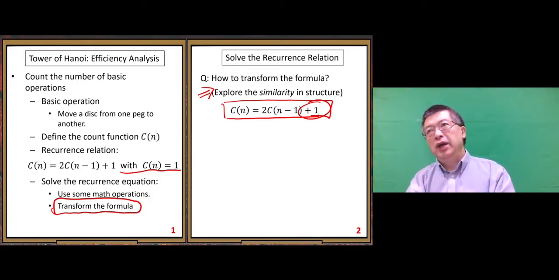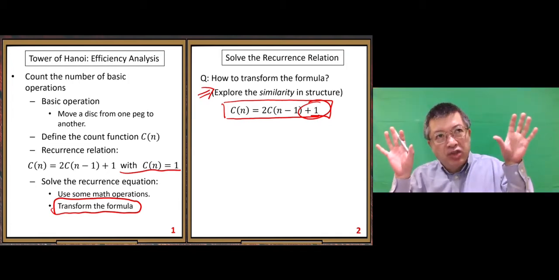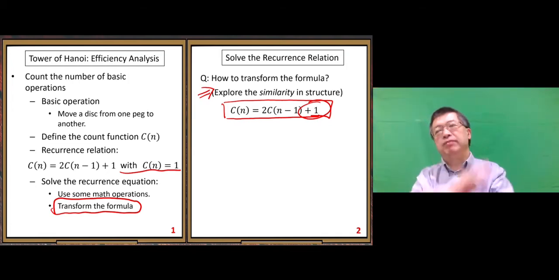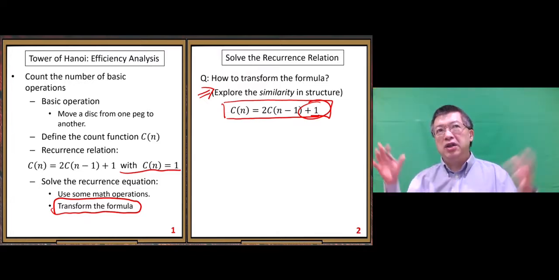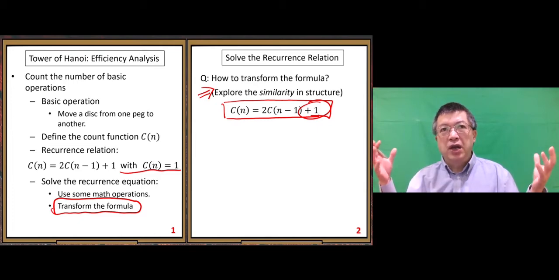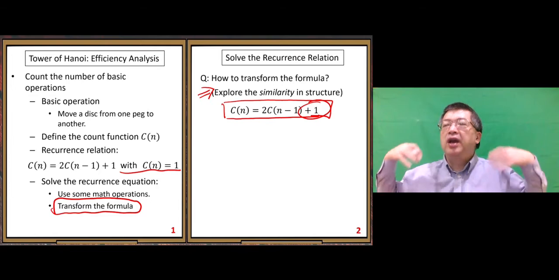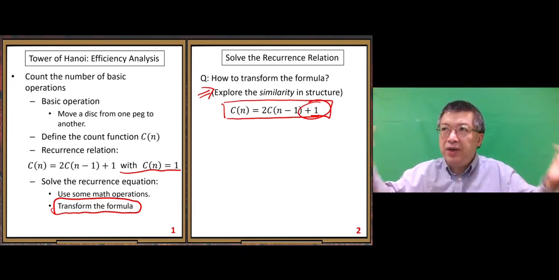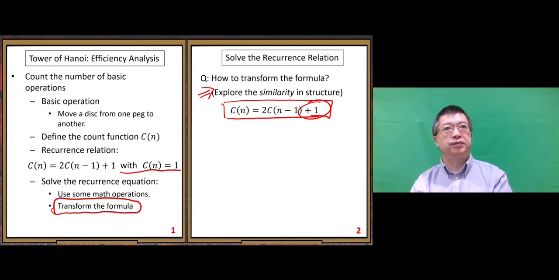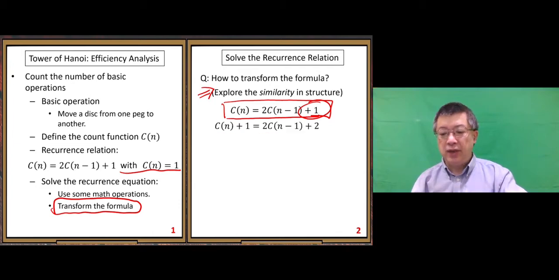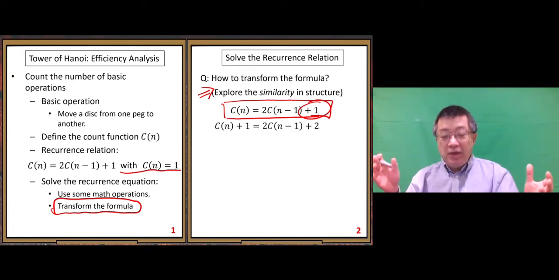Now, our idea is we try to make the structure look similar on both sides of the equation. If the structures are similar at both sides, then we can do some manipulation to take advantage of that similarity of the structures. That's the idea. How to make it similar?